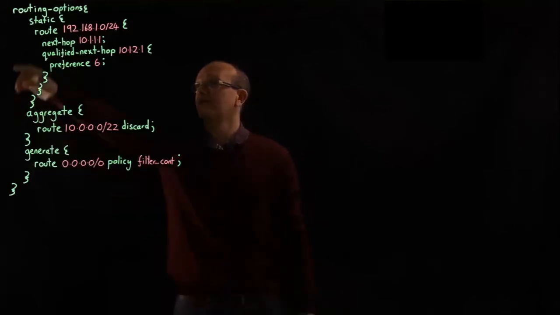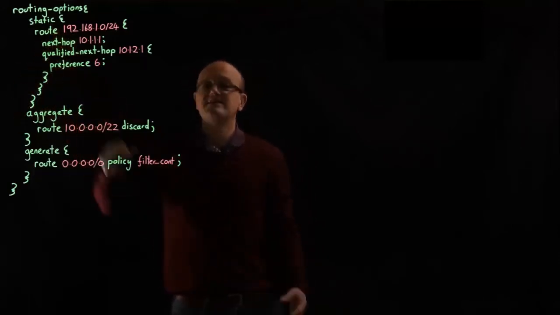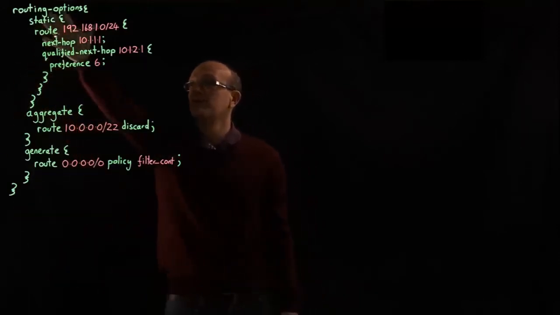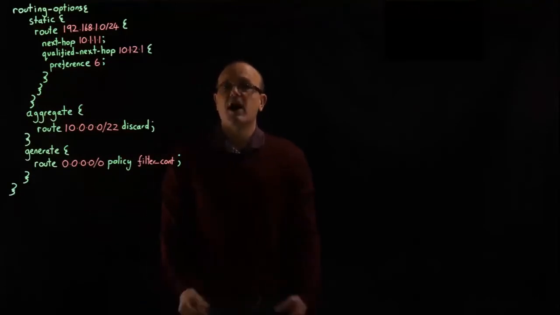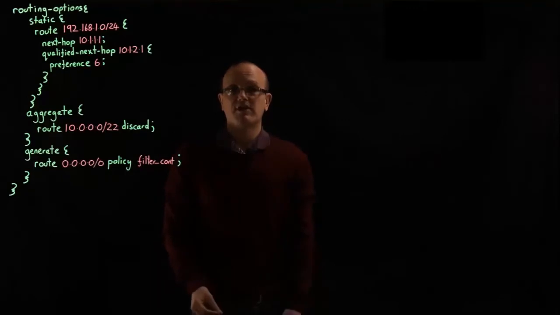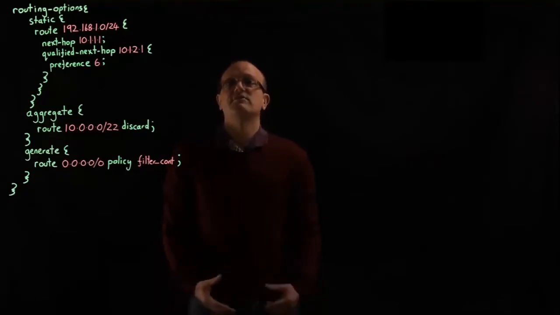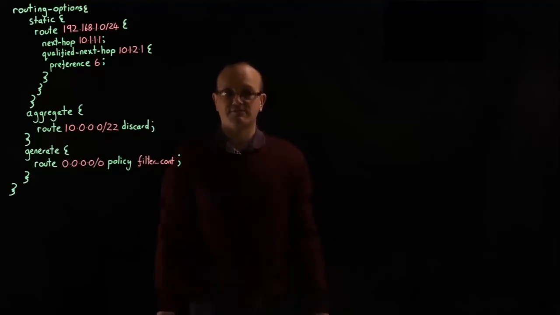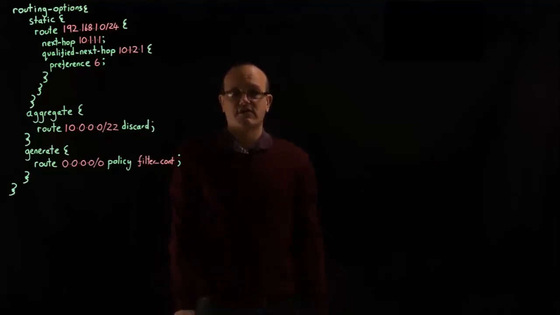And we would do that under the static and then defaults stanza within the configuration hierarchy. And you could also do things like associate all of your static routes with a BGP community to be used later when you're redistributing those routes into BGP. So that's static routes covered.